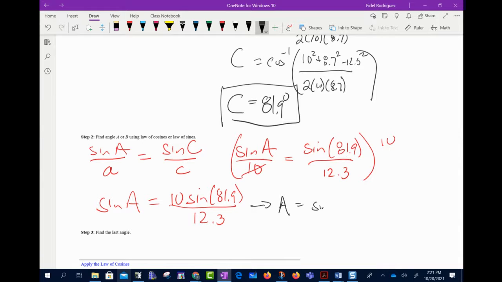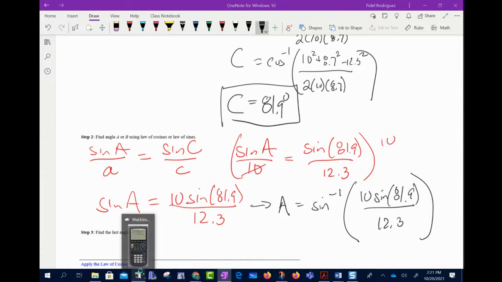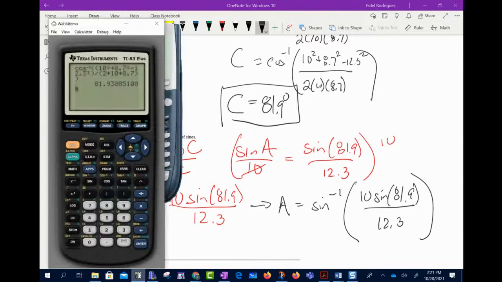And so A is going to be equal to, so remember, y'all, if we have the sine of A, the way we're going to get rid of the sine is we're going to take the inverse sine, right? So the inverse sine of 10 sine of 81.9 all over 12.3. Okay. And we should be able to find our angle A like this.